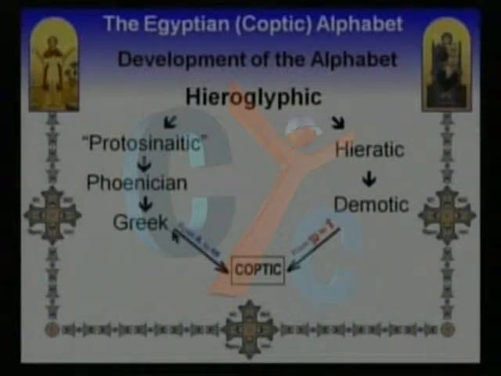So the Copts, when they took the Greek letters, they took these letters which are originally from hieroglyphic. So the 26 letters were not taken directly from the Egyptian alphabets, but indirectly through the Proto-Semitic and Phoenician and finally Greek, and we took it. So this is the origin of the Coptic alphabet.